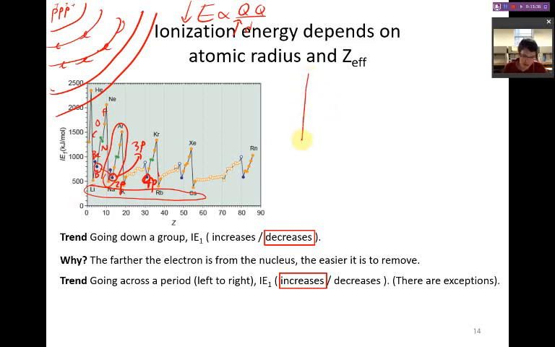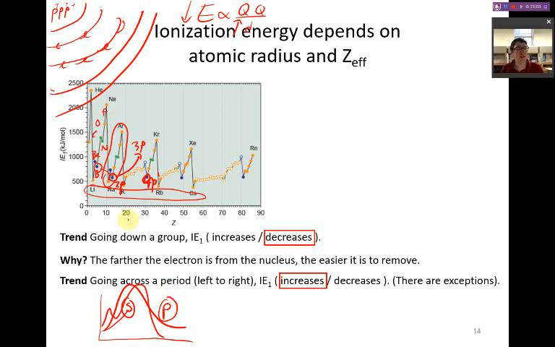Remember when we looked at the radial distribution, we saw that this was our p orbital and this was our s orbital, that the s orbitals slightly shield the p orbitals. Therefore, that makes those p orbitals slightly higher in energy. Therefore, they are easier to remove.